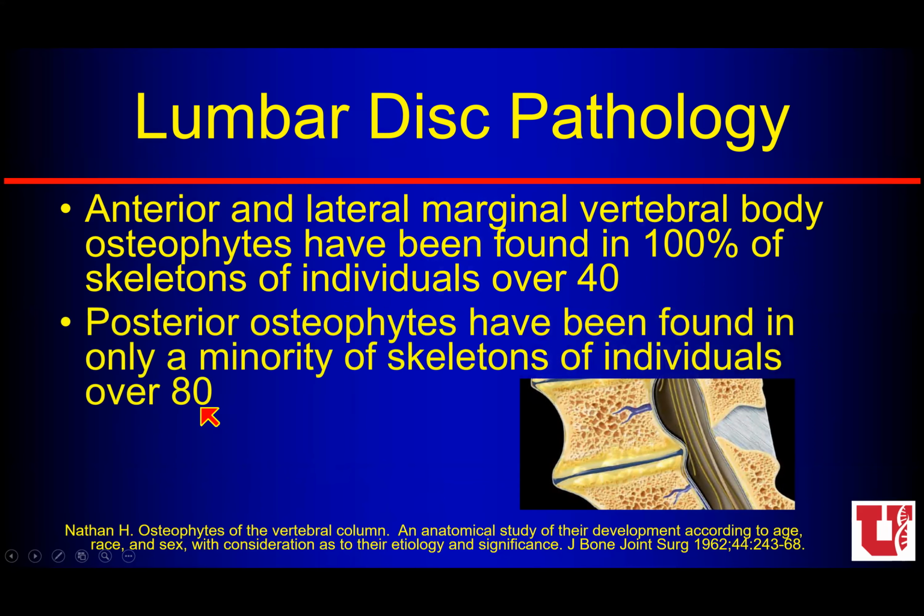But when they looked at 80-year-old pathology specimens, posterior osteophytes were found in only a minority. So that's very interesting. Anterior osteophytes are normal aging. Almost all patients over 40 have anterior osteophytes, but when you look at patients over 80, only a few of them have posterior osteophytes. So anterior osteophytes, normal aging; posterior osteophytes are pathologic.